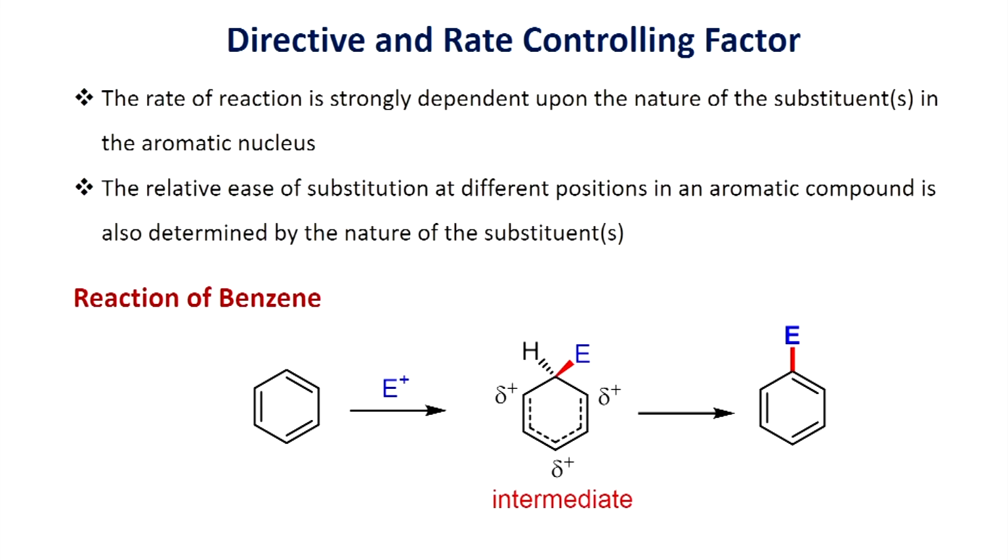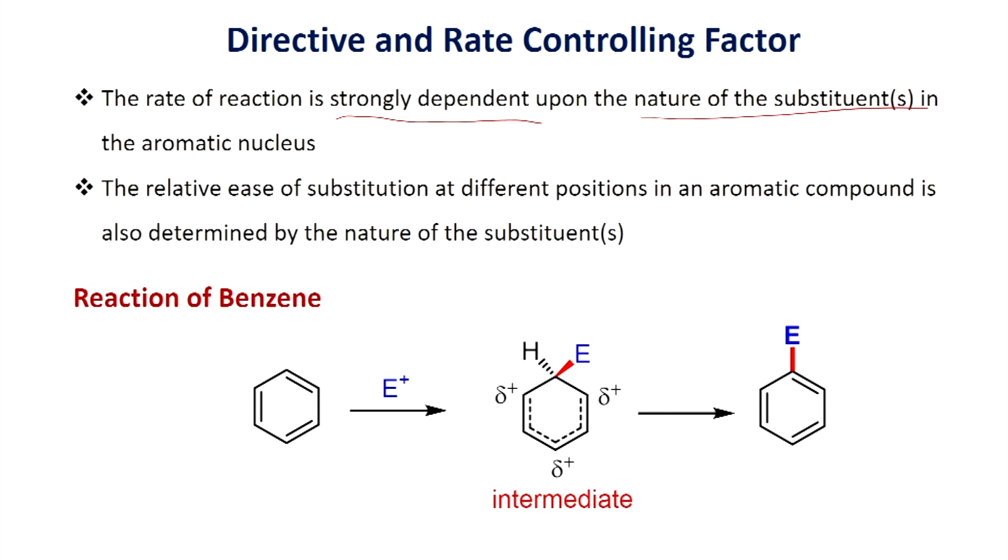So, with simple benzene, you will be able to introduce the electrophile. On the other hand, if benzene already has a substituent, it can affect the position of the substitution. The rate of the reaction is strongly dependent upon the nature of the substituent present in the aromatic ring.